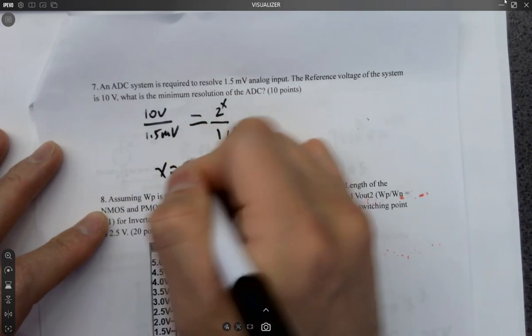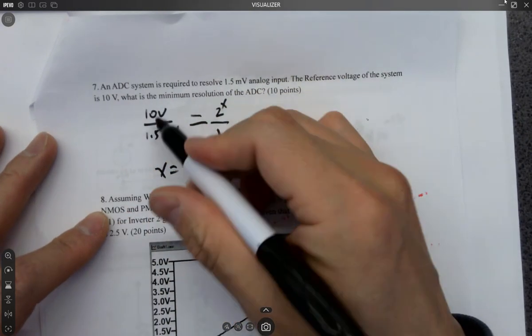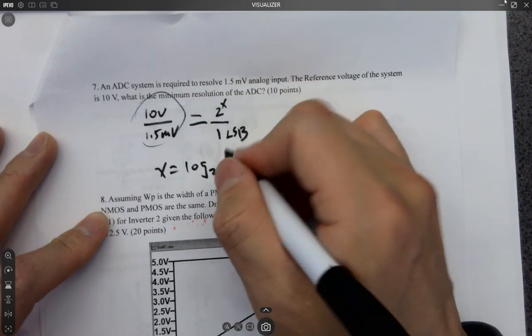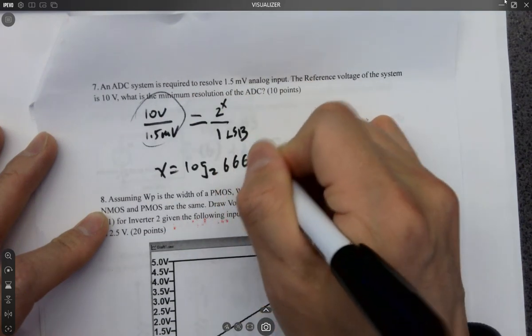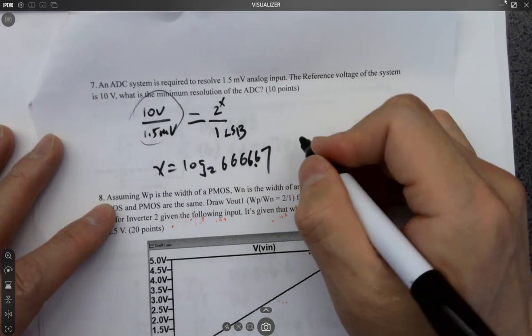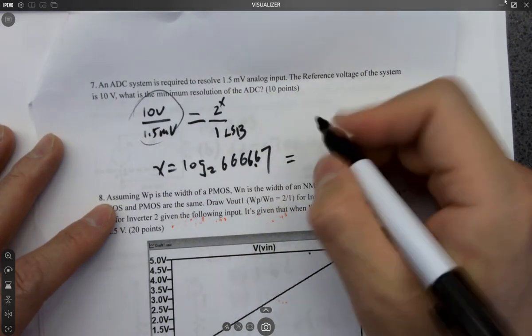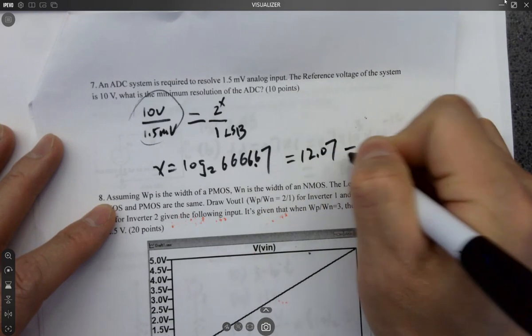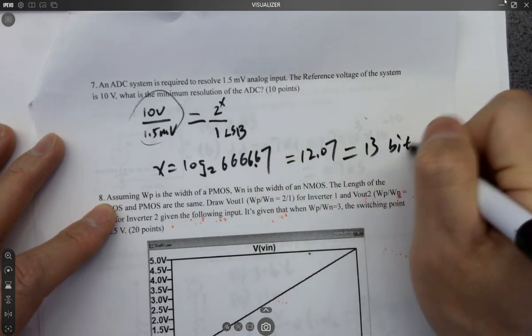So x equals log 2 of this number, which is 6.67, something like this. Eventually you are getting 12.07, I guess. So eventually, you need 13 bits.